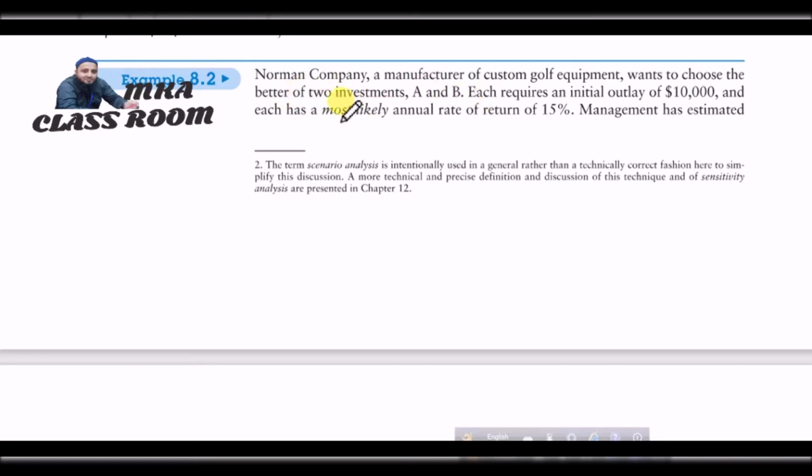So here you will see Norman Company, a manufacturer of custom golf equipment, wants to choose the better of two investments, A and B. It has two investment opportunities, one is A and the other is B. It requires an initial outlay of 10,000 and it has a most likely annual rate of 15%.